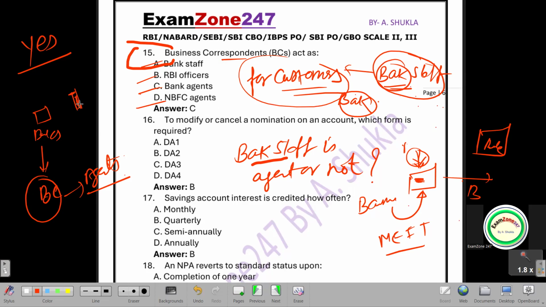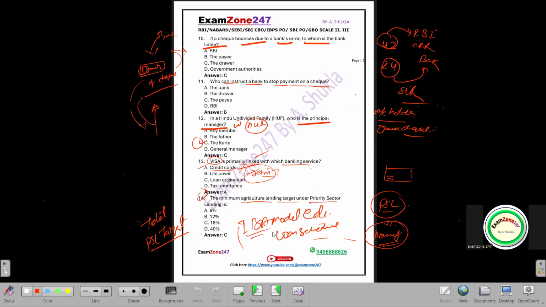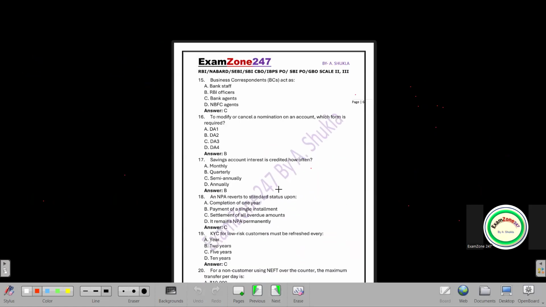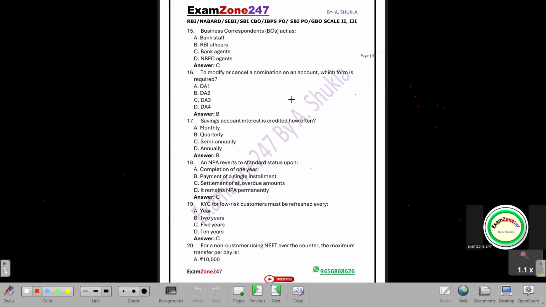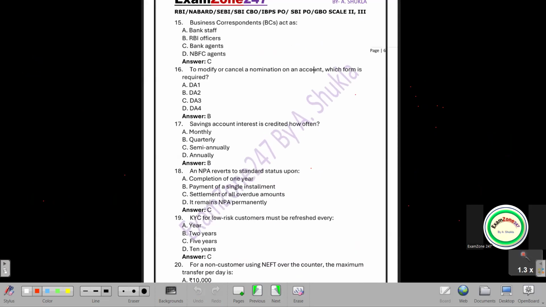The natural persons associated with the bank work on behalf of the bank. Anyone working on behalf of someone is the agent of that person. Because staff is working on behalf of the bank, staff is acting as an agent. So do not think BC is something different. Suppose a BC is doing any malpractice, then the bank needs to compensate.